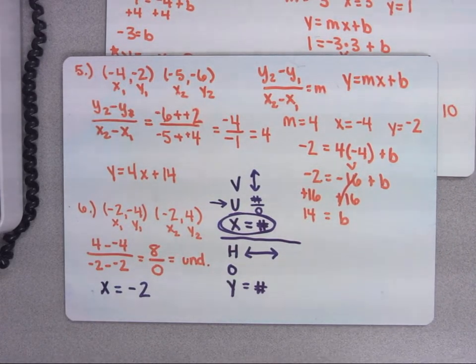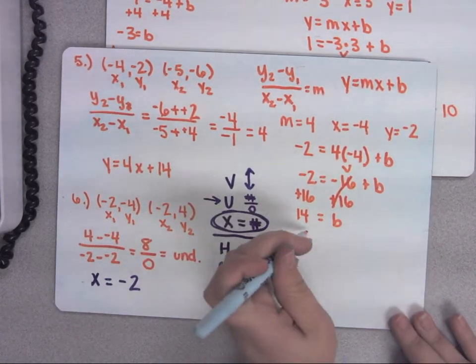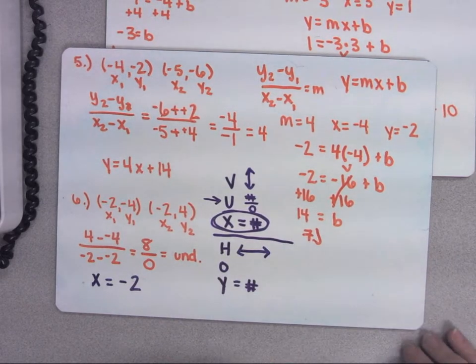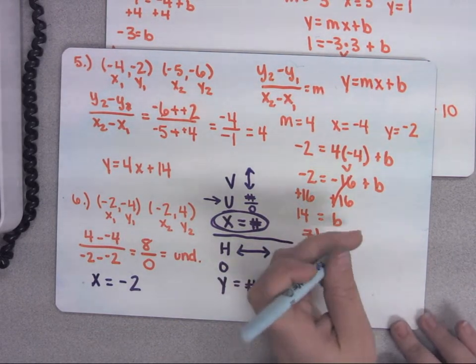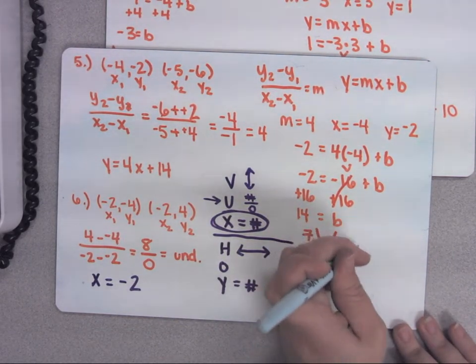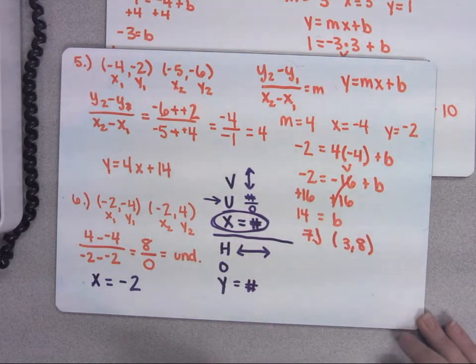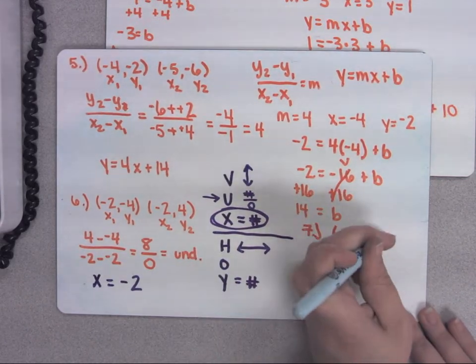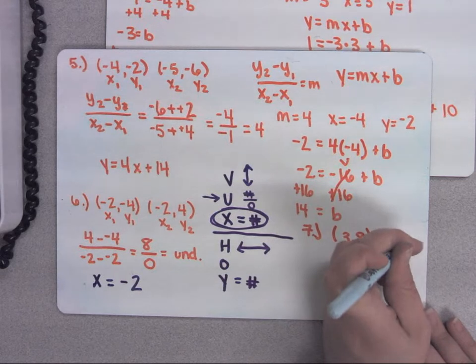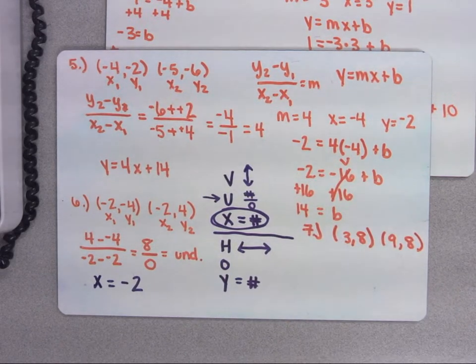I've got to go back to orange. So 7. I'm going to make it up. How about 3, 8 and 9, 8.